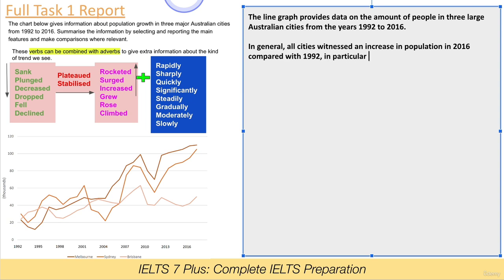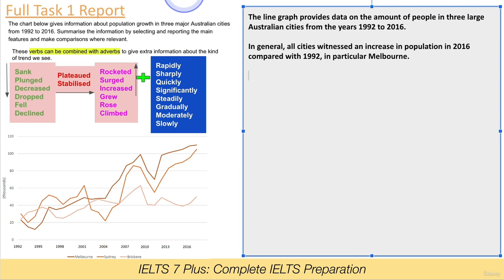And we're just going to use our notes for this, in particular, Melbourne. In general, all cities witnessed an increase in population in 2016 compared with 1992, in particular Melbourne. Okay, so that's our sweeping statement there.